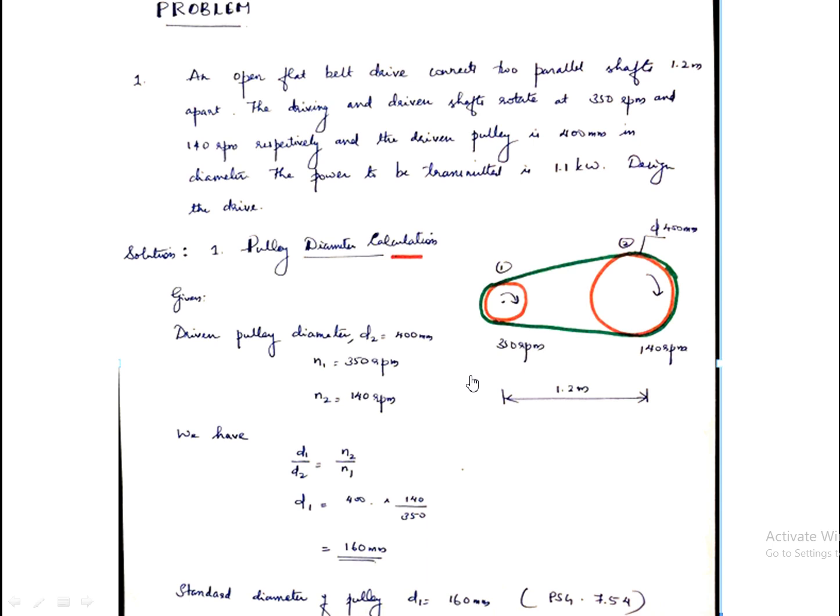So in that case, for the length equation, you have to select the cross belt condition. Other things will be almost the same. So follow this procedure. The procedure is very important.